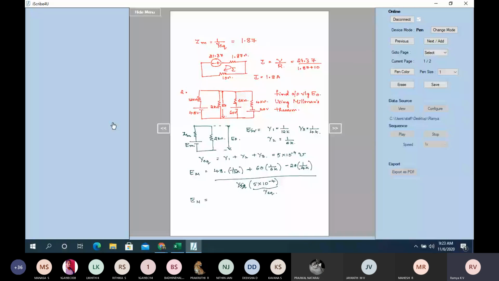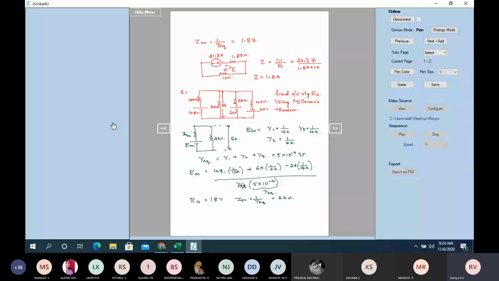Ma'am, is it 80? 18 volts, correct. EM is 18 volts. Zm will be 1 by Y equivalent. So what do you get? 1 by 5 into 10 to the power of minus 4. What do you get? 2 into 10 power 3. 2 into 10 power 3 is 2 kilo ohms. Right?